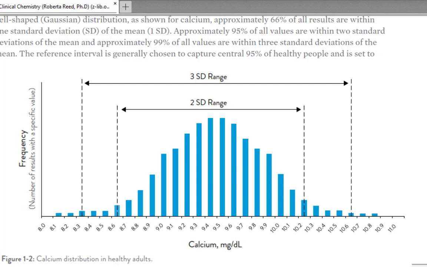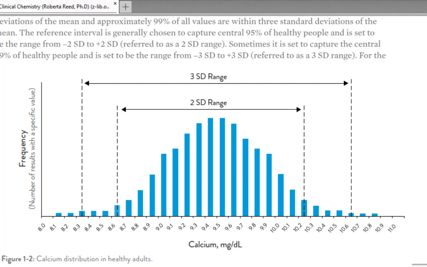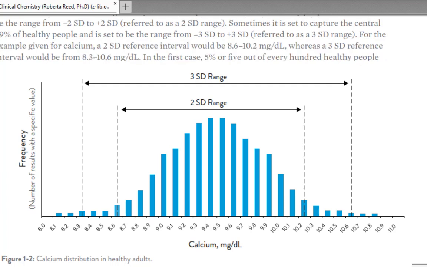In the second case, only 1%, or 1 out of every 100 healthy people, would be expected to have a result outside the reference interval. Most chemistry tests use a 2 SD reference interval, while some tests like troponin use a 3 SD reference interval, or 99th percentile, to separate healthy patients from those with a disease.